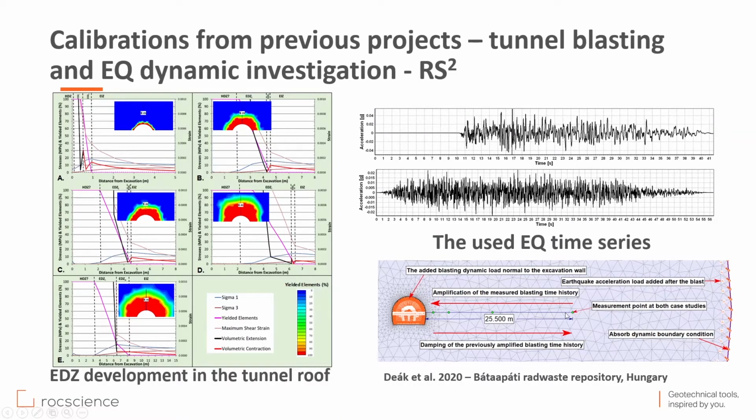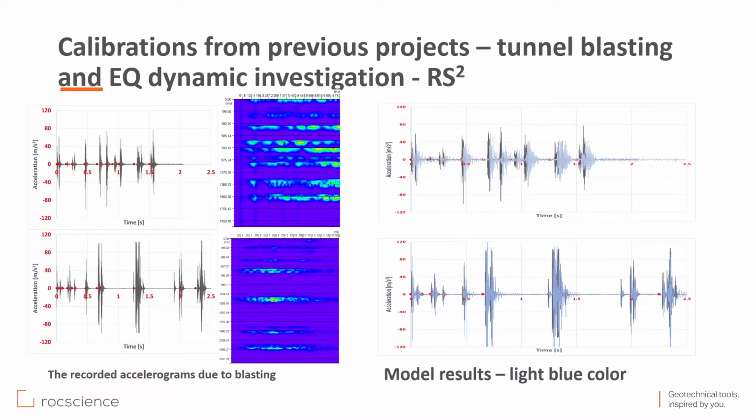So we could consider the tunnels seismically silent. So here are the 2 points, and let's see how the model looks in reality. We can see that during the blasting we had very high frequencies. Here you can see the spectrograms, and here you can see the final results.